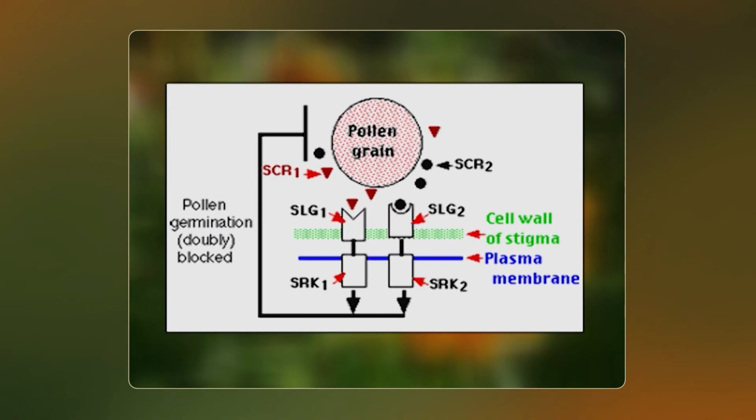Following pollination, the pollen coat containing pollen coat proteins such as SCR flows to form a layer between the pollen and the stigma. If the SCR of pollen and SRK of the recipient stigma are encoded by the same S haplotype, the two are incompatible.